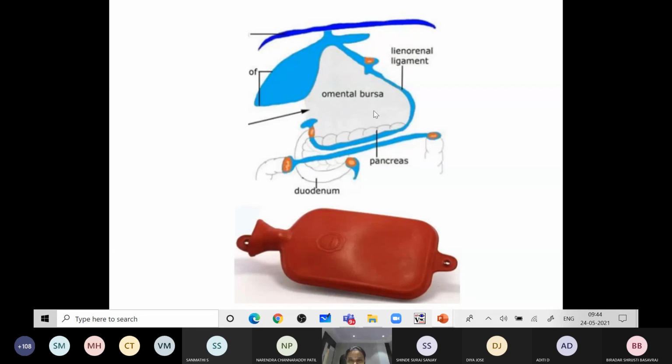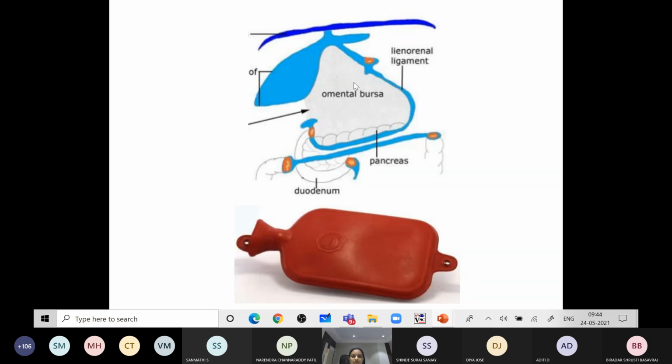We can compare this omental bursa or lesser sac with a hot air bag with the mouth opened on the right side. So you can compare the omental bursa in shape to the hot air bag.